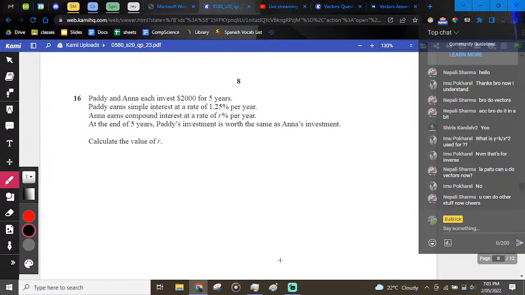First, we've got to find out how much Patty earns, because it's worth the same as Anna's. Simple interest is, well, simple. Principal, 2,000 times time, 5 times rate, 1.25, over 100. That will be Patty's.